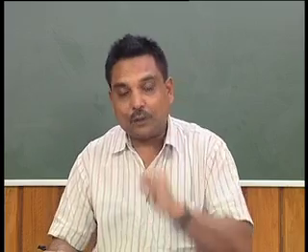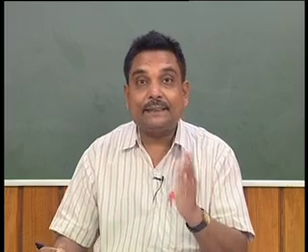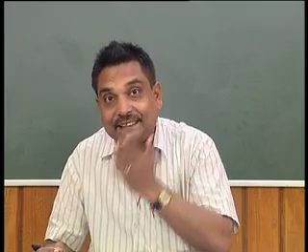Another point we should say here is that in case of vertical tubes, many a time they are taken as a flat plate. It is assumed as a flat plate.